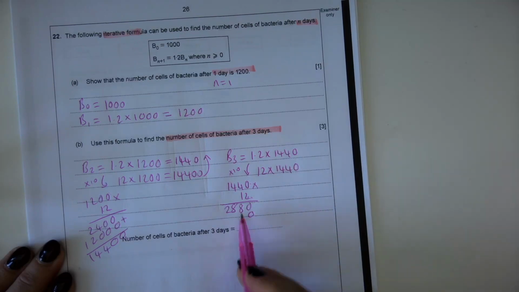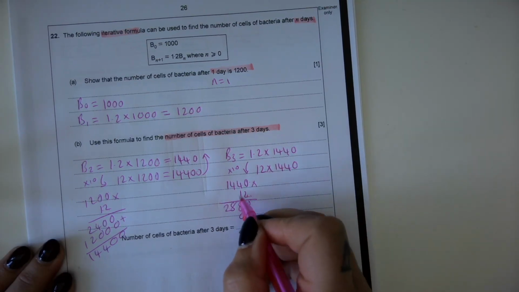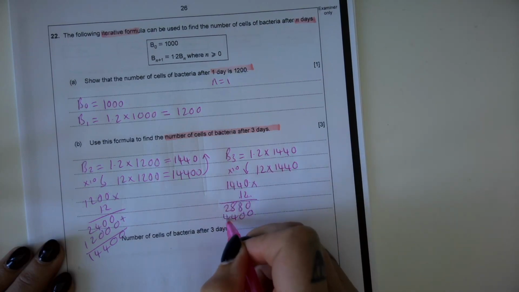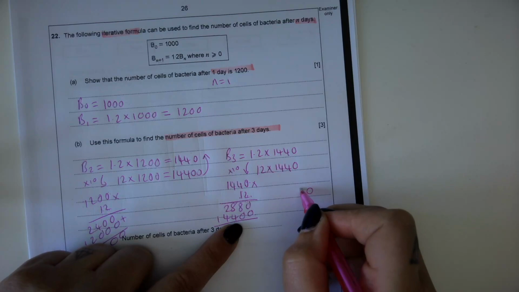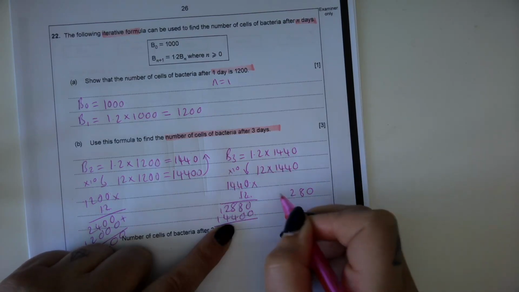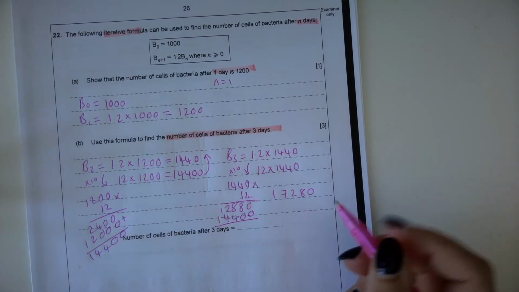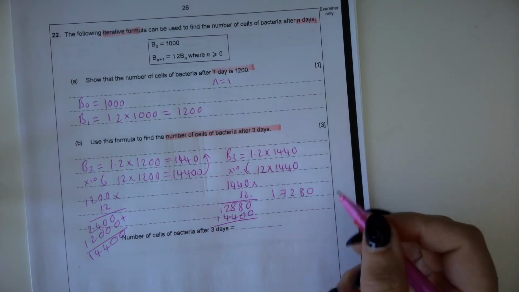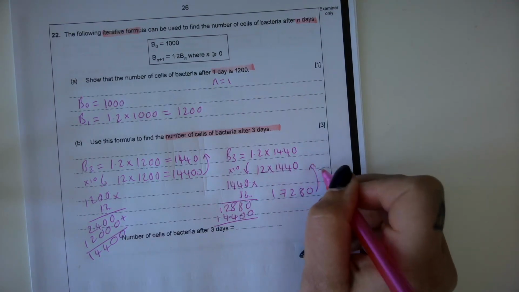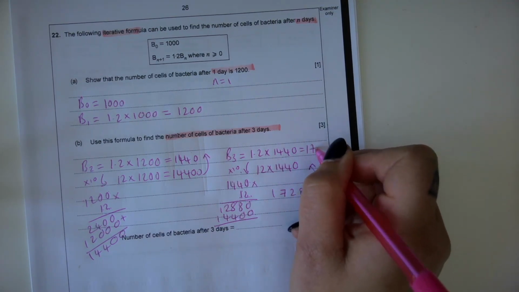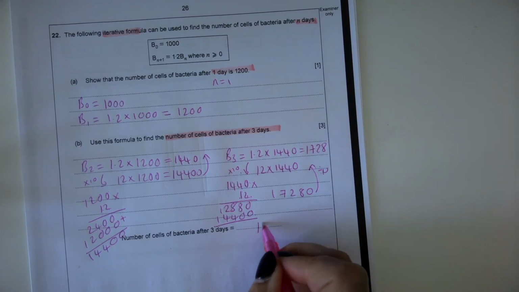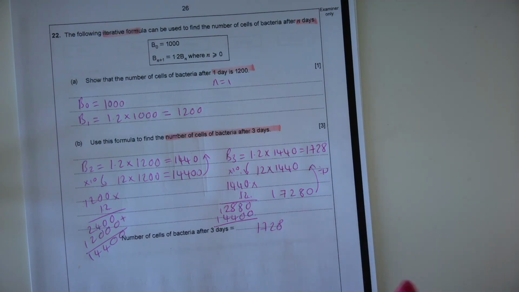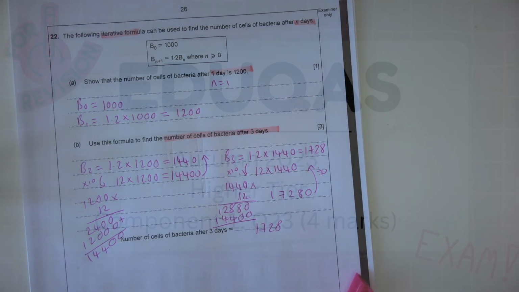Placeholder 0 moving into the tens. 1 times 0, 1 times 4, 1 times 4 and 1 times 1. Add those together, so 0, 8, 12, 7, 1. Reverse the multiplying by 10, so we're going to divide by 10, so that's 1,728. So after 3 days, it's 1,728 cells of bacteria.